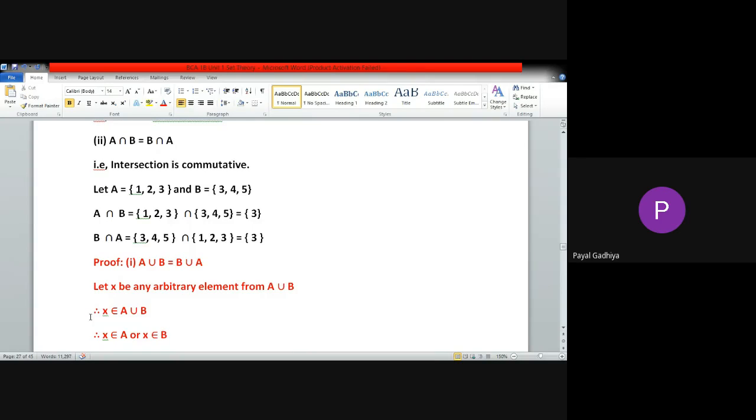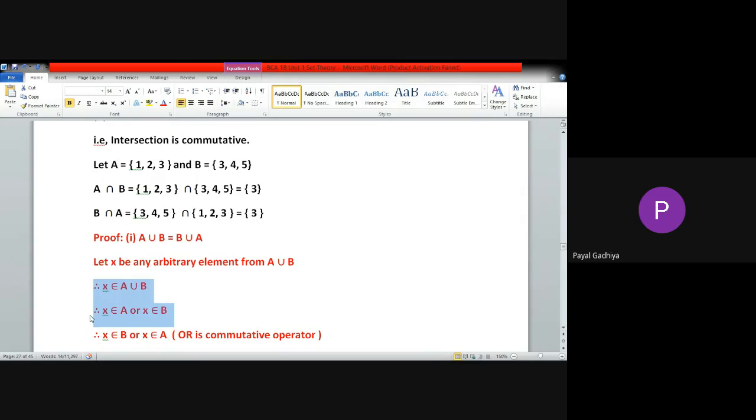So from the statement X belongs to A union B, I can say that X belongs to A or X belongs to B, because this is the definition of union. In union, we have the definition that if X belongs to A union B, then X is either in A or in B or in both. So I have written in the next step that X belongs to A or X belongs to B.